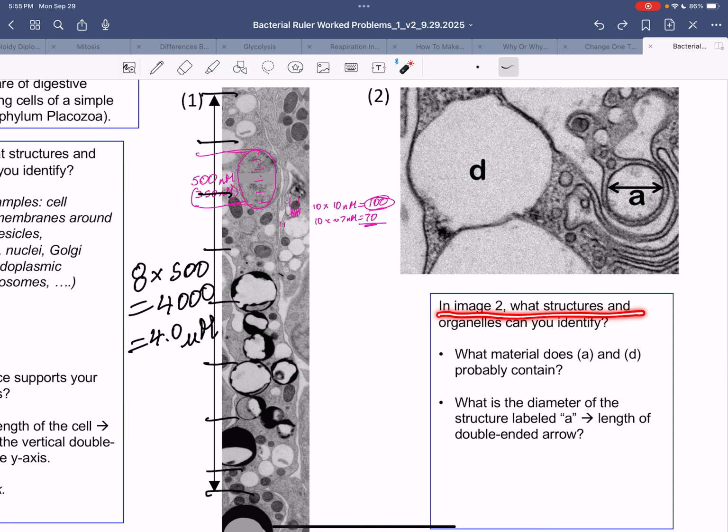In image 2, what structures and organelles can you identify? Well, membrane, membrane, membrane, more membrane over here. Then we've got some curved consecutive membranes, and that to me immediately suggests Golgi apparatus.